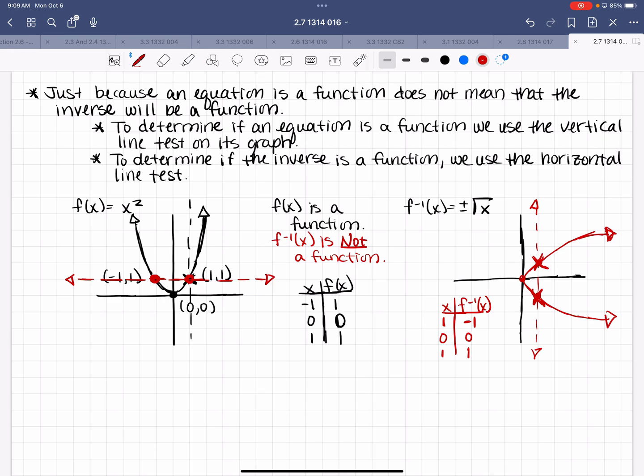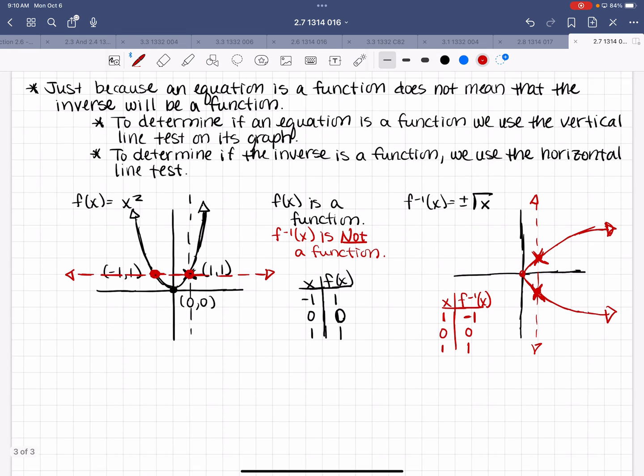Okay? That's why the horizontal line test works. You've switched the x and y, is all you've done. So if it hits that horizontal line 2 times, that means the 2 new x's, when I've switched them around, are going to occur twice. So it can't be a function because x is repeating, okay?